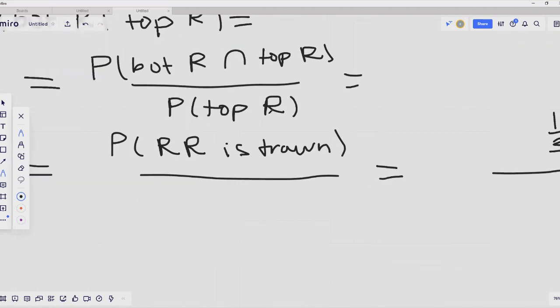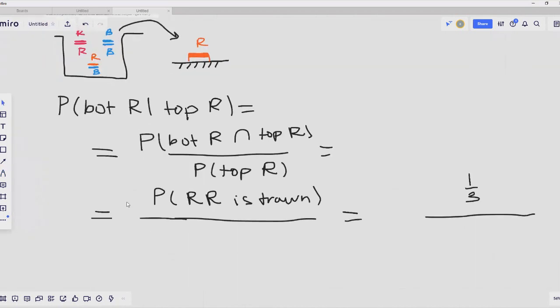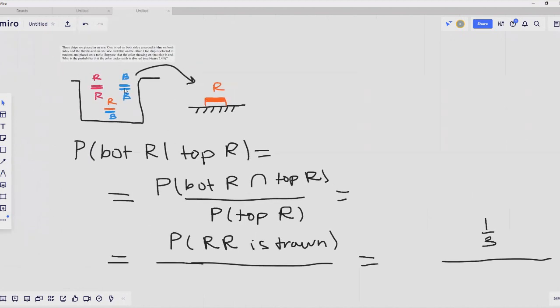Now, the probability that the top color is red. There are three events that partition our sample space in that case. Either the red-red chip was drawn, the blue-blue chip is drawn, or the red-blue chip is drawn.